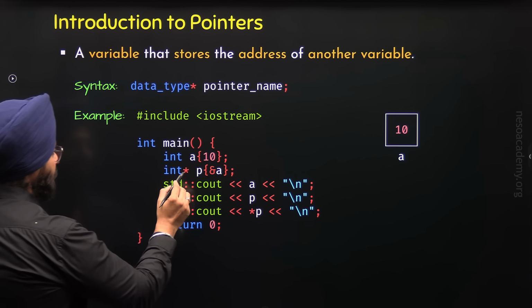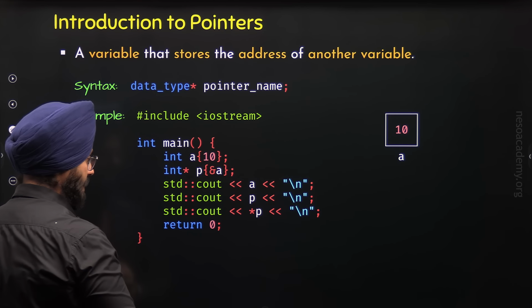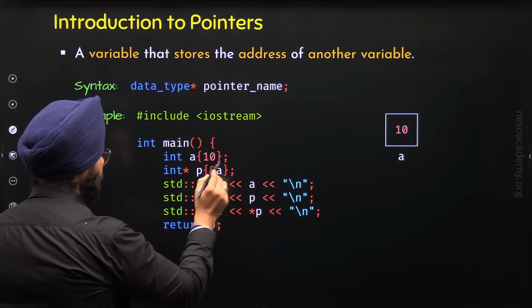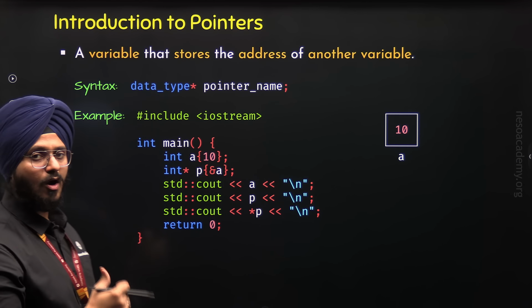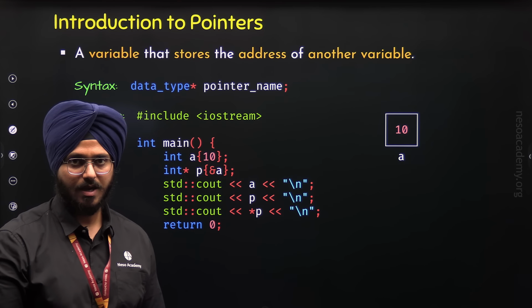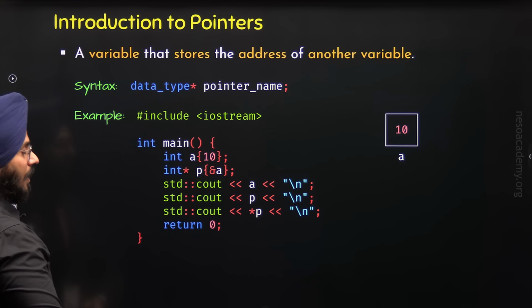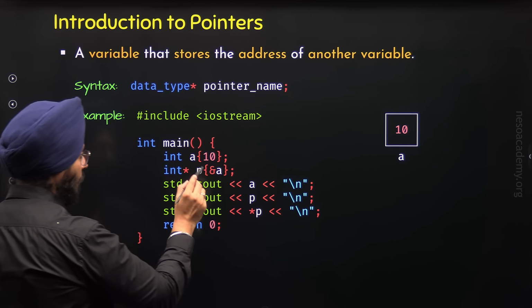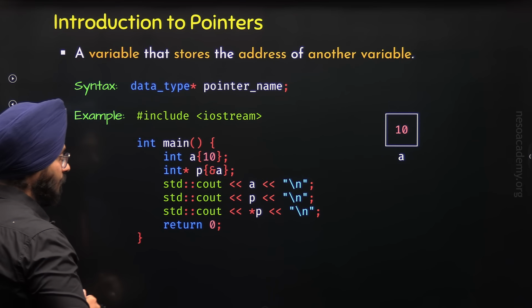Then after this asterisk symbol, we have the name of the pointer, p, and then within braces, I have specified &a. Now, what is the meaning of &a? Ampersand is also called the address-of operator. With the help of this operator, we can access the address of some variable.